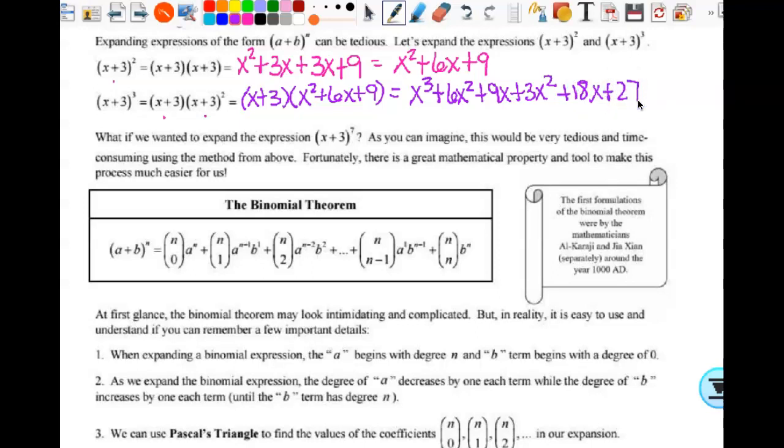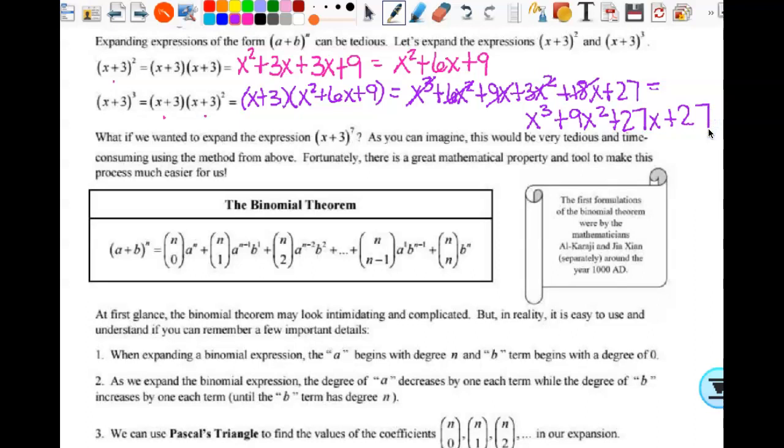Right? Totally doable. Then I clean that up. So I've got x cubed. I used that one. Then I have 6x squared and 3x squared, so that's 9x squared. Then I have 9x and 18x. That's 27x plus 27.